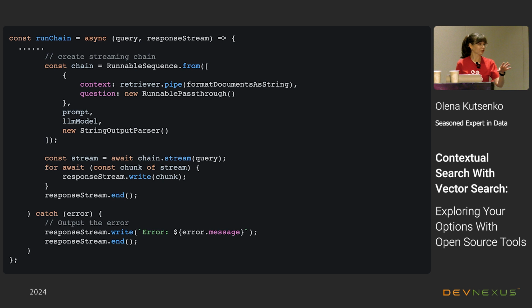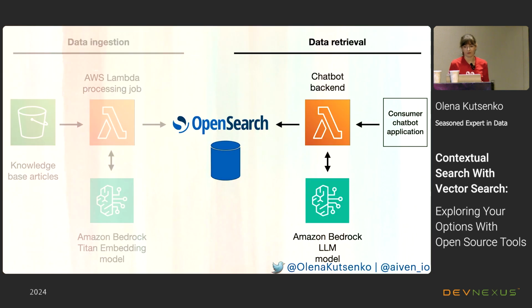So LangChain will take information from OpenSearch. Again, I don't know if I like it so much, but LangChain actually hides all the complexity, so you really need to know how to work with it. I always prefer to see more of the actions, what exactly I'm doing. But this is totally behind the scenes. It does the connections to Bedrock, to OpenSearch, combines them however it sees best, and then returns the result.